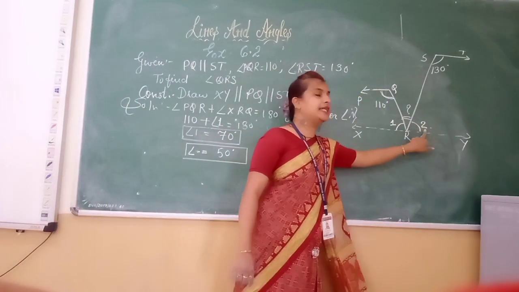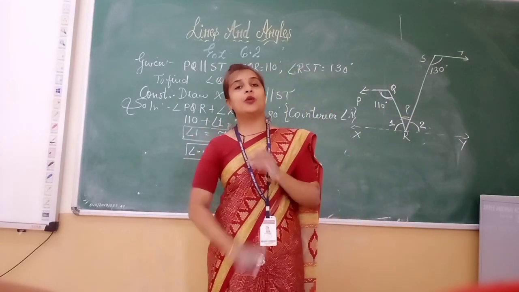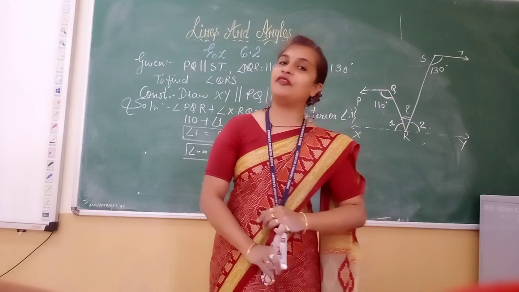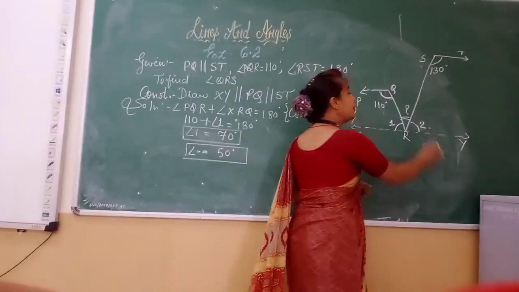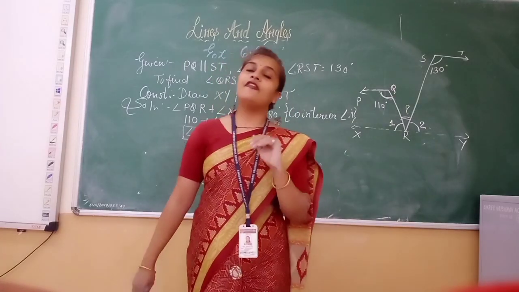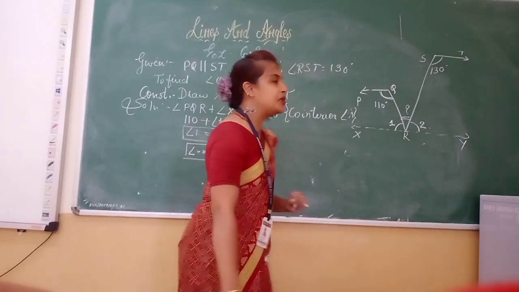The sum of 130 and angle 2 is equals to 180. तो angle 2 की वैल्यू हो जाएगी 180 minus 130 means 50 degree. अब जब ये एंगल 70 है, ये 50 है, then what is the remaining part? For this, we will apply the property of straight line.